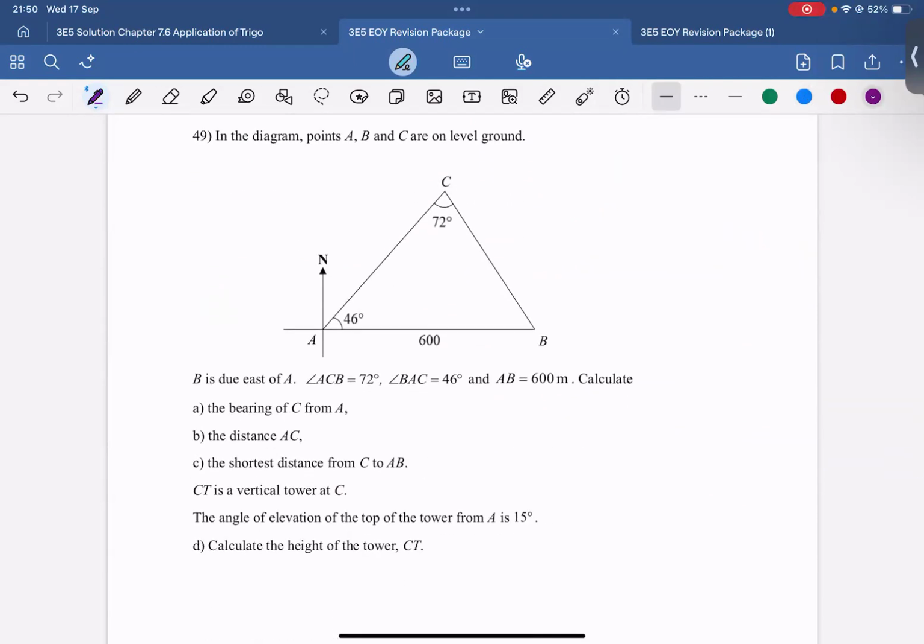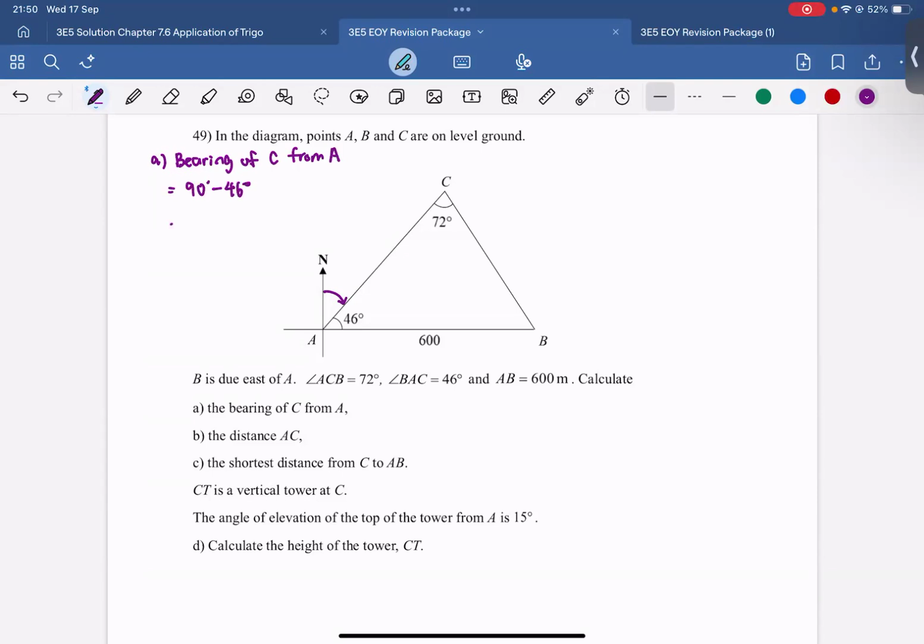49. B is due east of A. This tells me that this is 90 degree. Very important information. The rest of the information are there. Calculate the bearing of C from A. So bearing of C from A is just this angle. So bearing of C from A is just 90 minus 46.